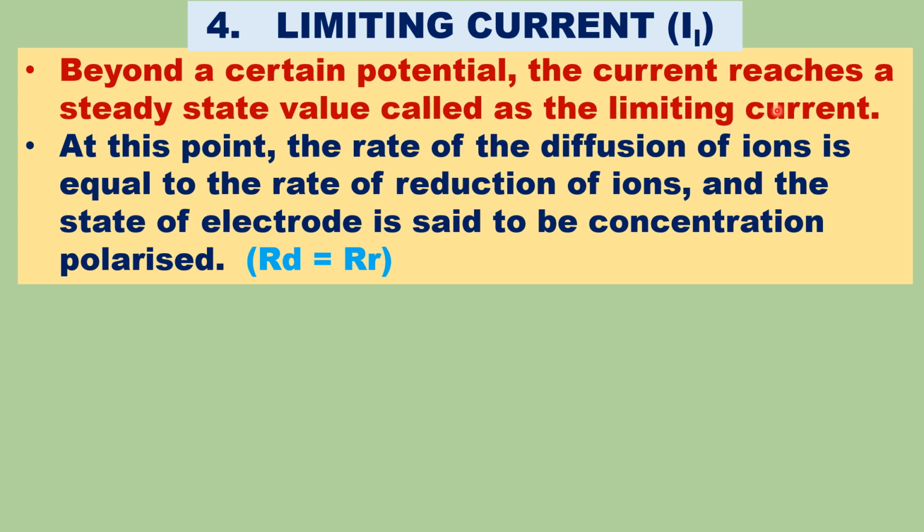Okay, that is called limiting current. At this point, the rate of diffusion is equal to the rate of reduction or rate of oxidation of the electroactive species or analyte. At this state, it is called concentration polarized. The electrode is in the state of concentration polarization.